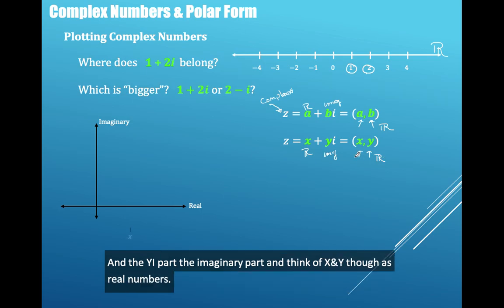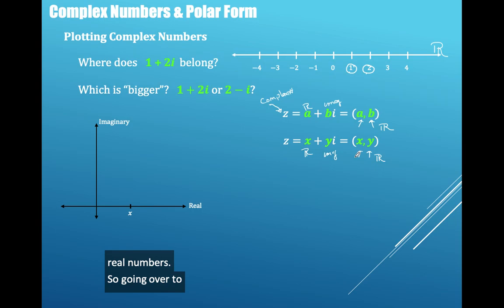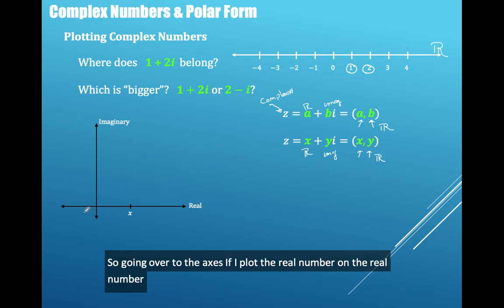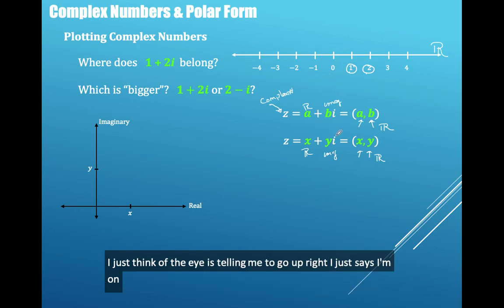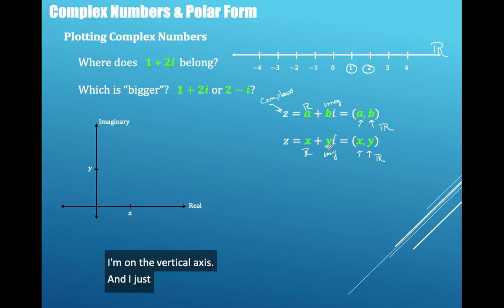So going over to the axes, if I plot the real number on the real number line, I go in a horizontal positive or negative direction. And the imaginary part, I just think of the i as telling me to go up, right? The i just says I'm on the vertical axis. And I count up y units or down y units and then plot that point.